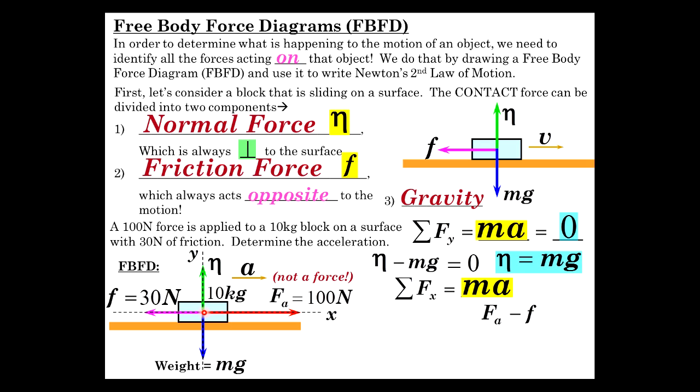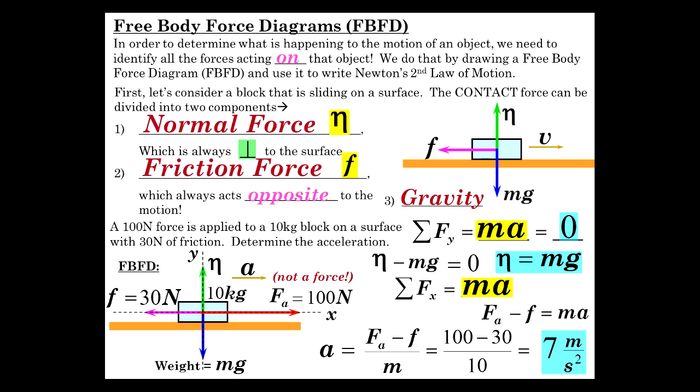It kind of follows common sense. The big one minus the little one will give you the size of the force in the direction of the net force. And that's ma. The net force is ma. So really, we just wrote the equation. There it is. So what are we trying to find? The acceleration. Let's solve for it. Fa minus f over m. There's the numbers. 100 minus 30 over 10.